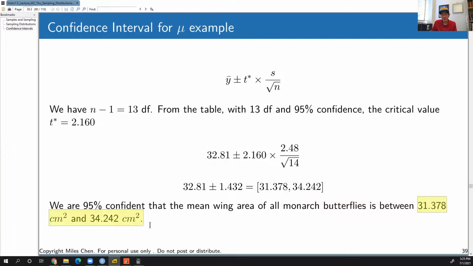I don't want to hunt every single butterfly into extinction just to get a number when I can say it's probably somewhere between 31.3 and 34.2. This is good enough for me.